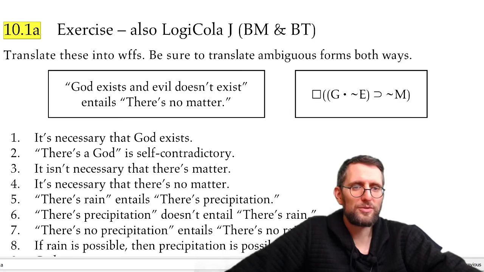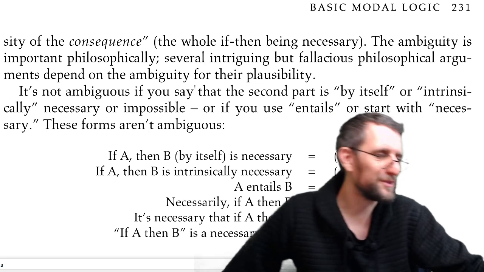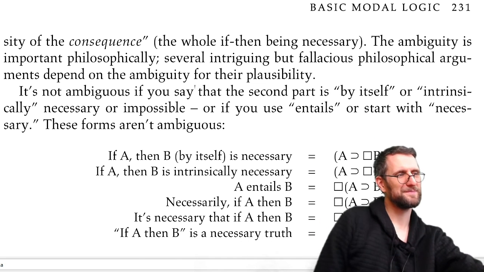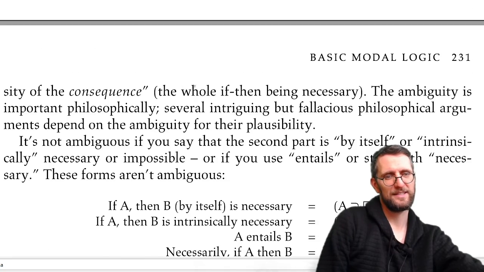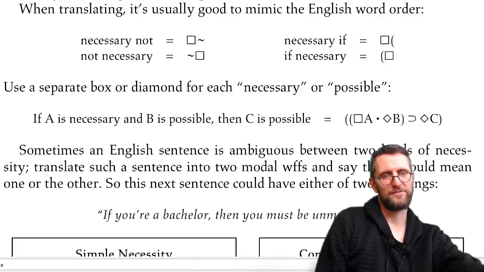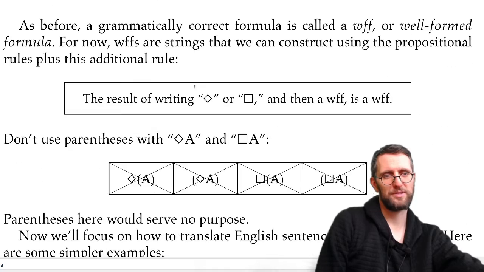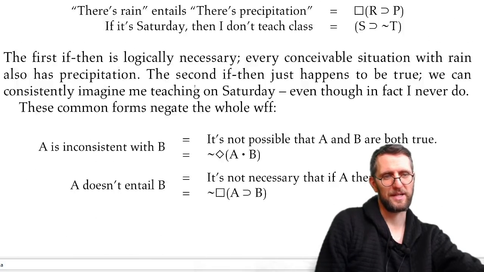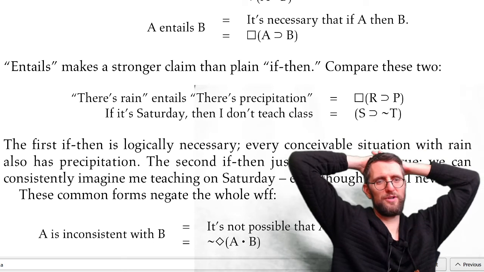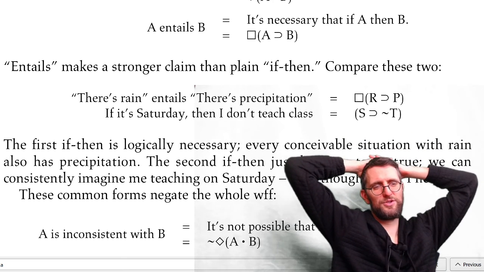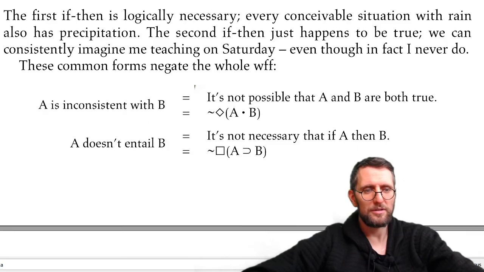So let's go back to the book. I mean, they have here the rule, right? I should just remember the rule. A entails B. It is necessary that A then B, that if A then B. I just want to look at the precipitation example that they had. Was it here? There's rain entails. So if there's rain, but where was the thing with the bachelor?